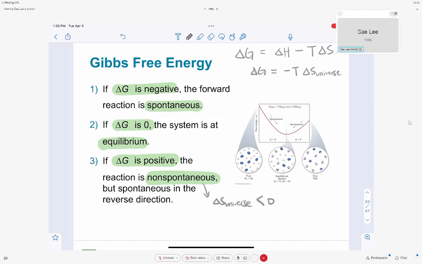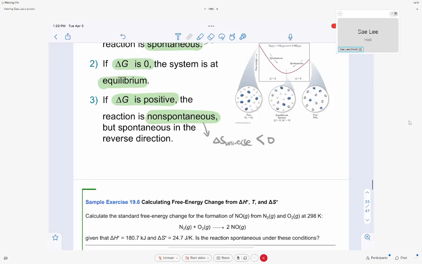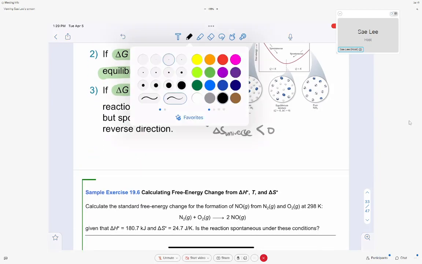Because this is a negative value, this side of the equation will be positive. So then delta G is going to be positive. If delta G is positive, the reaction is non-spontaneous. For a spontaneous reaction, delta S of the universe is larger than 0. If it's larger than 0, this is going to be negative, and then the delta G is going to be negative. So just keep in mind that I'm going to summarize this.